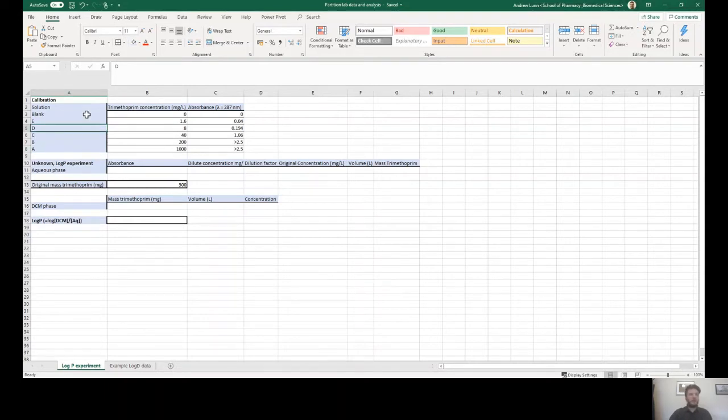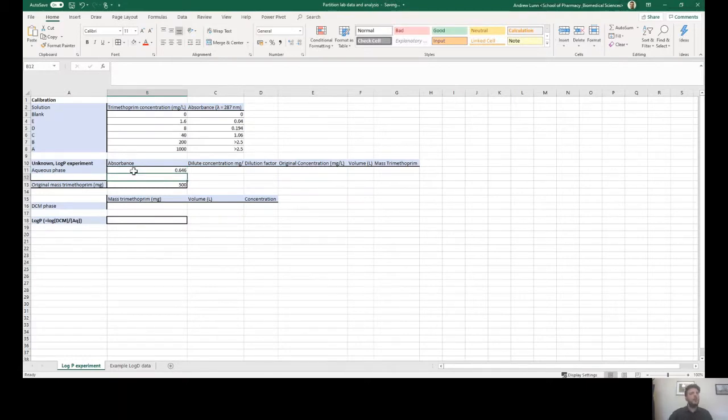And then underneath that, we've got the original mass of trimethoprim, which is the other data that we know. And we will also know the absorbance of the aqueous phase that we did experimentally, which was 0.464. 0.646 even, not 0.464, 0.646.